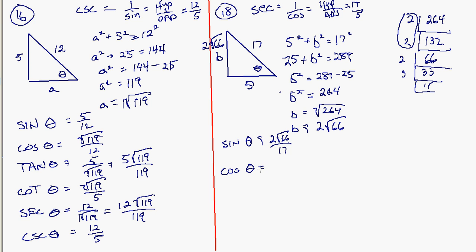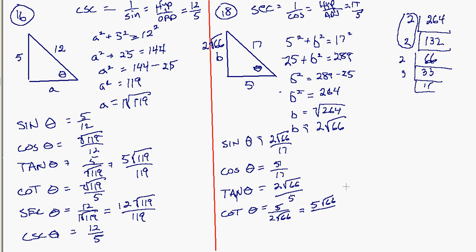Tangent of theta, which is opposite over adjacent, is 2 square root of 66 over 5. Okay, cotangent of theta is the tangent reciprocal, so that's 5 over 2 square root of 66, which is the same as 5 square root of 66 over 2 times 66, which should be 132. Yep. So 5 square root of 66 over 132.